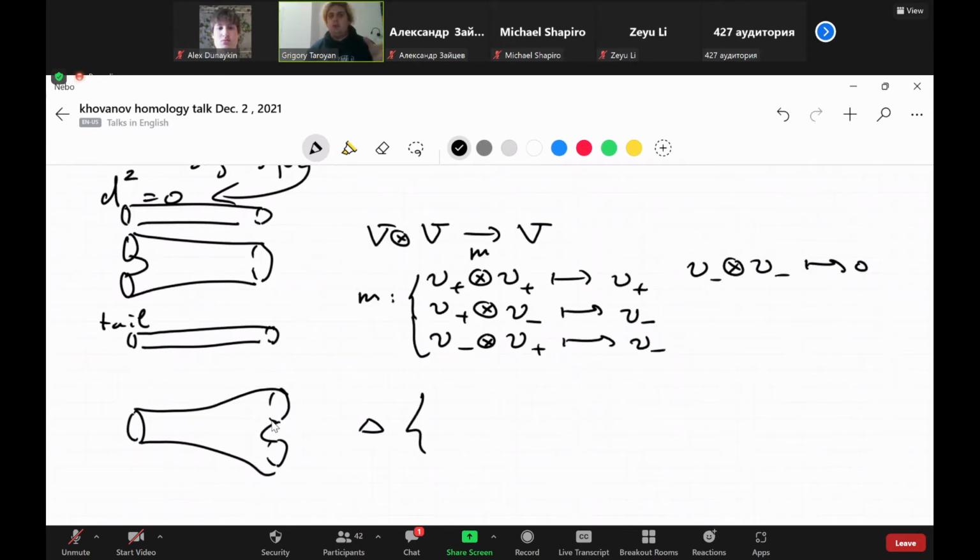So we really should think of the cobordism as encoding some algebraic operations here. This cobordism encodes multiplication, this cobordism encodes comultiplication. So comultiplication works like this.